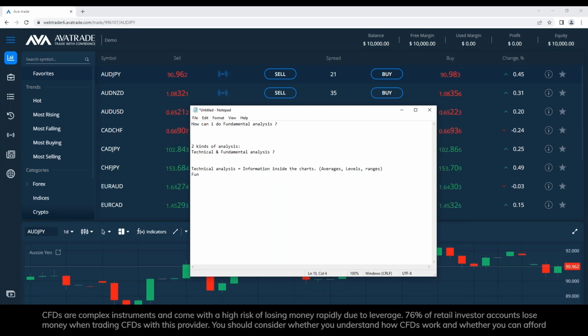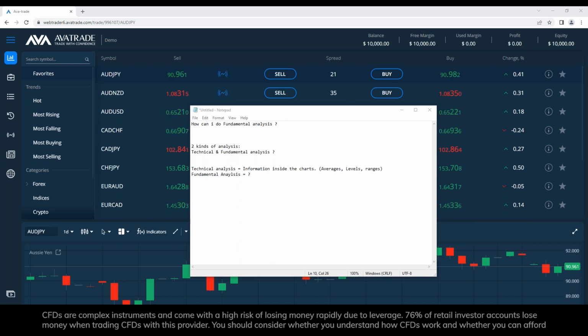Fundamental, who can tell me what is fundamental analysis? Guys, what do you think that is fundamental analysis? Exactly. News.